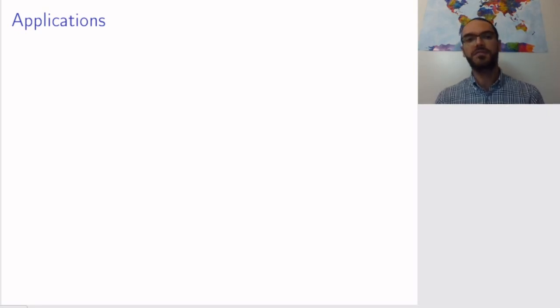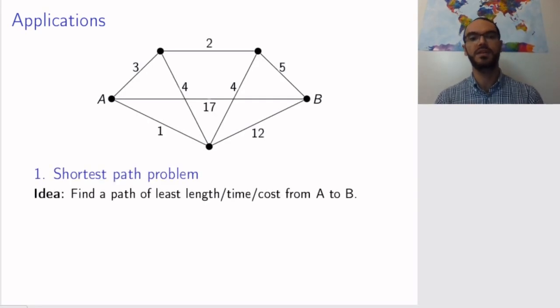So we'll see 4 different applications. The first 2 we'll go through in some detail, and the last 2 will be just an overview. So let's start with the first application, that is the shortest path problem.